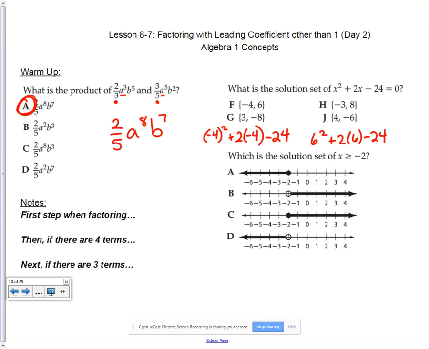You ready? 6 squared plus 2 times 6 minus 24 equals. You got 24? Okay, so it does not work. Did -4 actually work? So that one didn't work either? No? Okay, so this one's out.